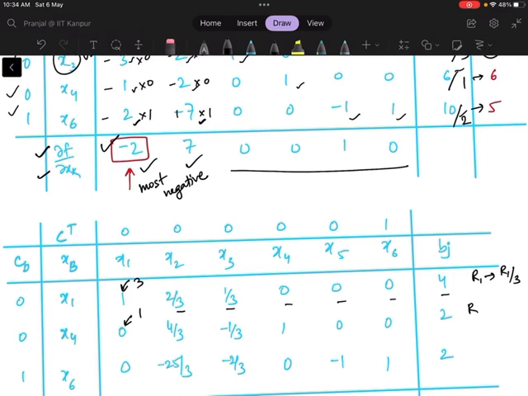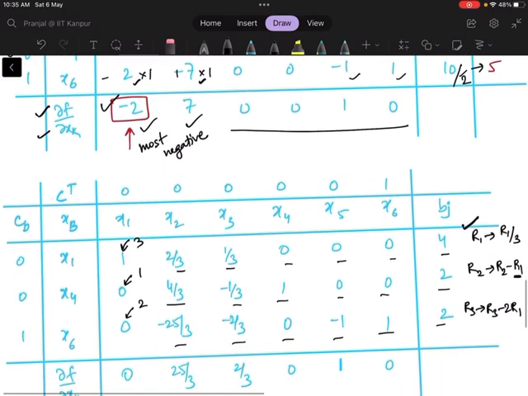So r2 will be transformed to r2 minus r1, and we'll get all these values. Please note that this r1 is the updated r1. Now for the second term, earlier it was 2, now we want it to be 0. So we will do r3 equals r3 minus 2 times r1, and we'll get all these values.